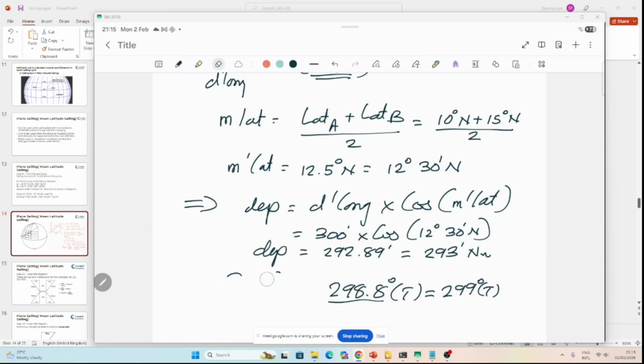These are standards that I'm telling you. Then if it is a quadrantal course, it's always better you write one decimal place. Let's say north 89.2 degrees east. It's better you always show one decimal place. Then if it is a distance, 292 decimal, you show at least two decimal places, 292.89, then you round it up to 293. Show it like this. Are we clear?